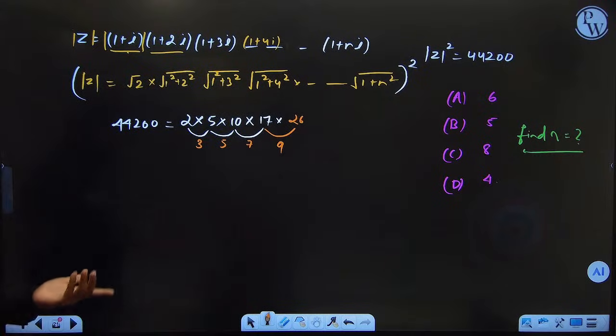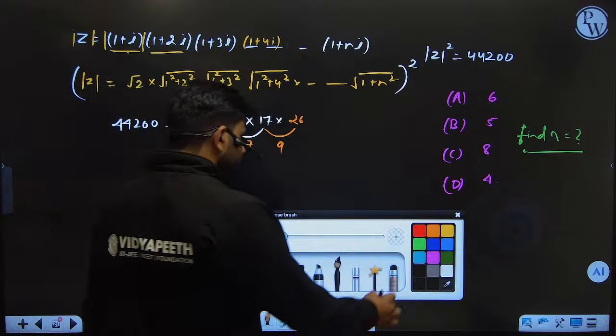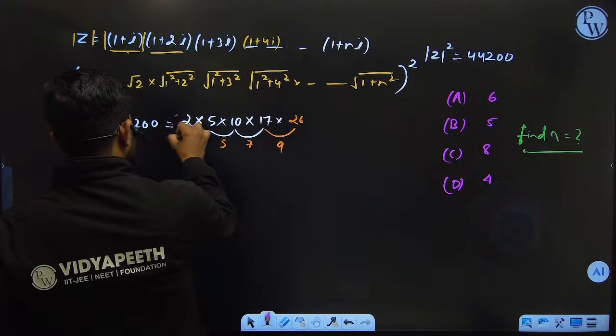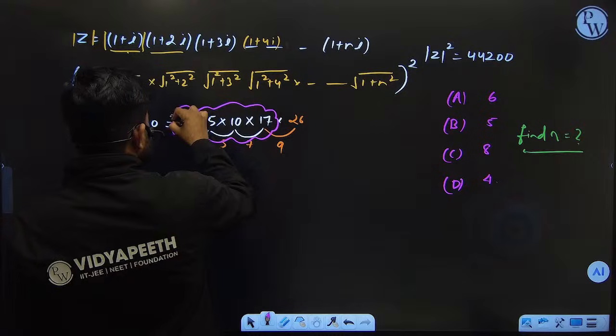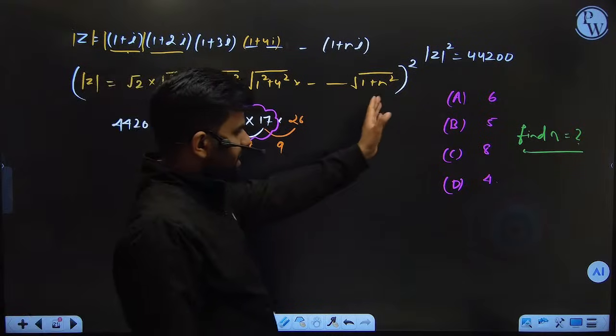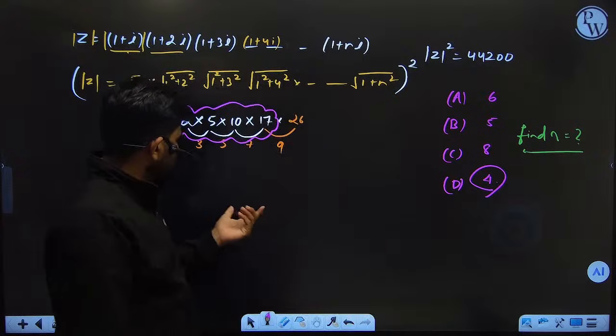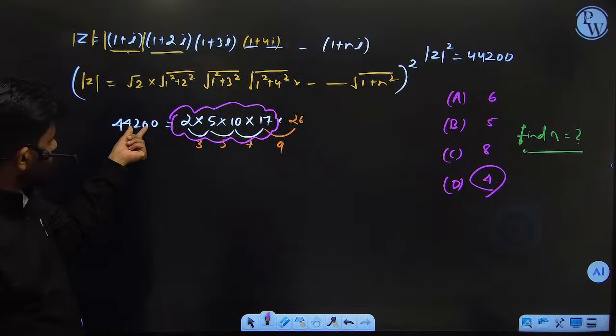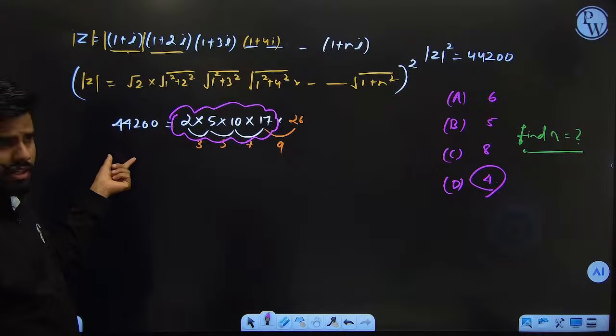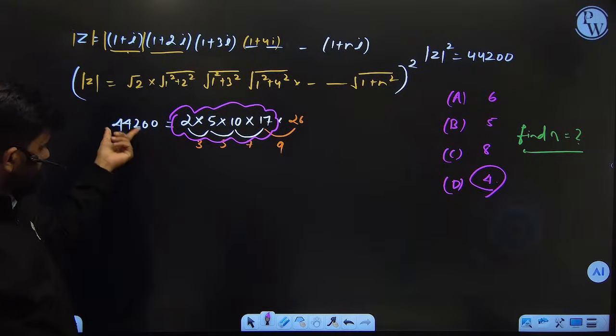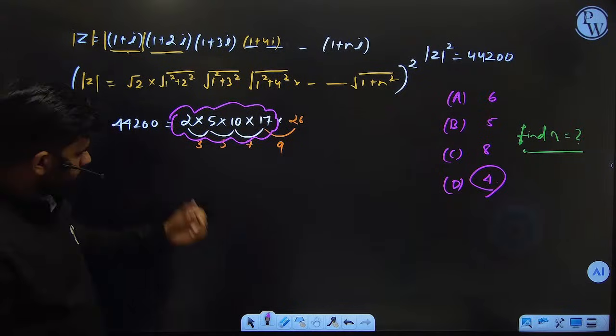So what we will do is try to solve the first 4 numbers, because as I see the options, the least number is 4. First we will divide 44200 by these 4 numbers, and then I will check what is left out.